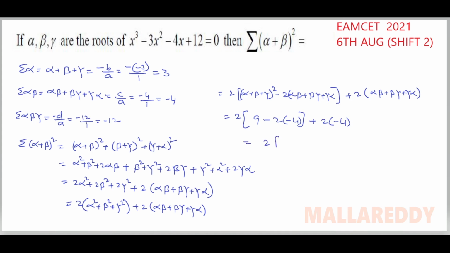It is equal to 2 into (9 + 8) − 8. 9 + 8 is 17, 17 into 2 is 34, 34 − 8, that is equal to 26.